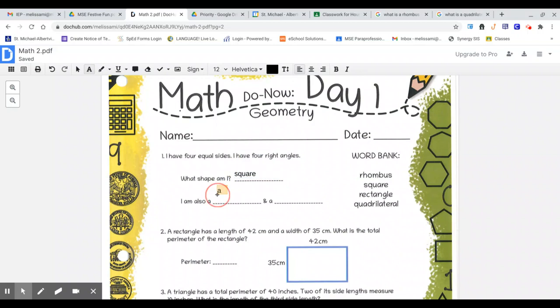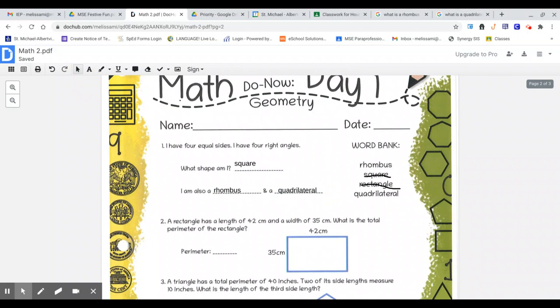So then we know that we have to cross out rectangle over here and we've already done square, it can also be a rhombus and a quadrilateral. I'm going to go back to my text box. I am also a rhombus and a quadrilateral.